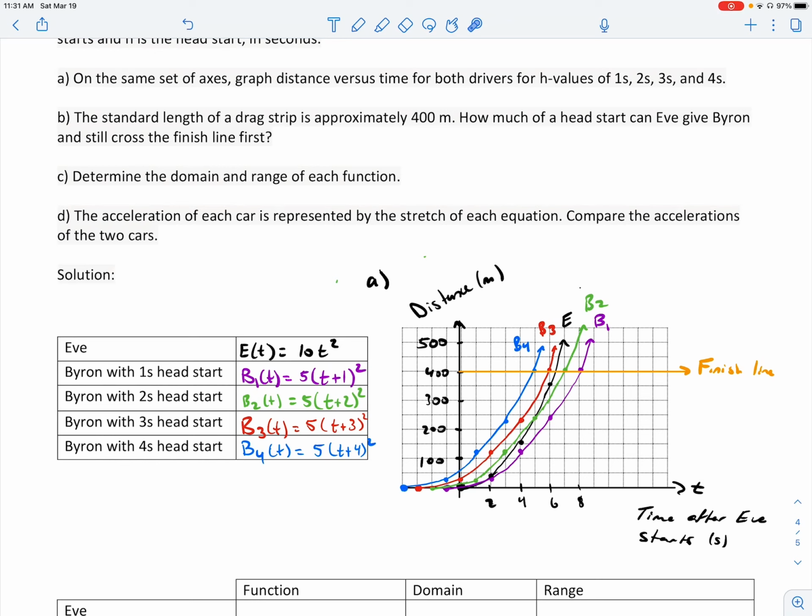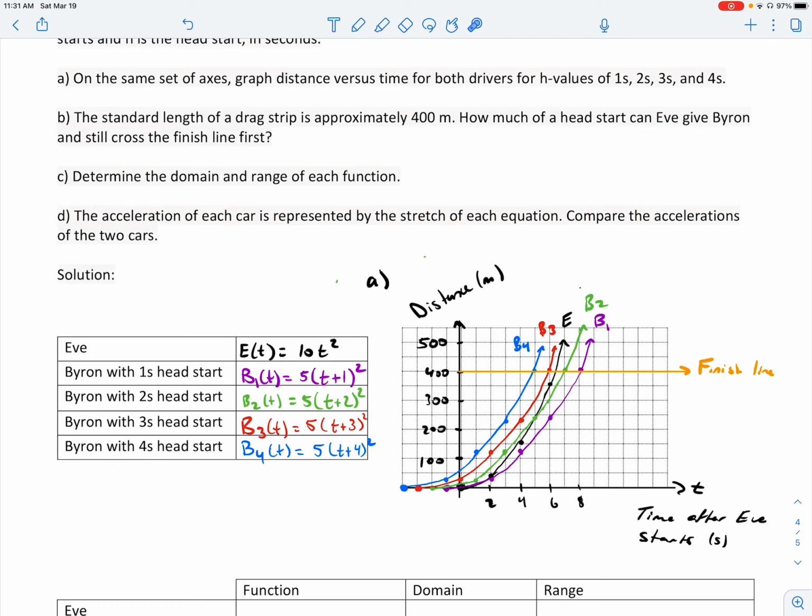So at 400 meters, you can see with a 4 second head start, Byron will cross at 5 seconds, whereas Eve doesn't cross till about 6.5. The red one, Byron with a 3 second head start, he crosses at 6 seconds, so he still crosses before Eve, who crosses at 6.5. So Eve will still beat Byron with a 2 second head start and a 1 second head start.